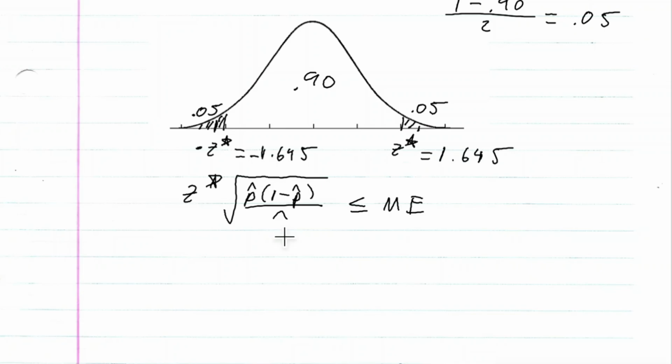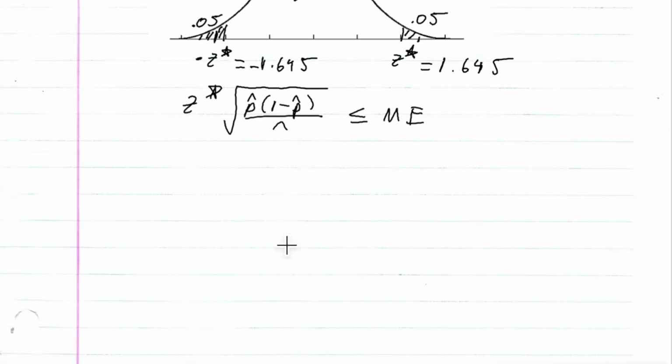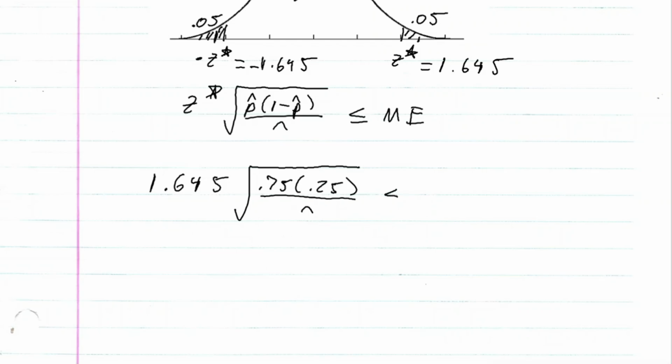And then we have our p hat and we have our maximum margin of error. So we use this inequality to solve for n, the size of the sample, right? So this is 1.645 times the square root of p hat, which was 0.75, times 0.25, all over n, and that has to be less than or equal to 0.04.